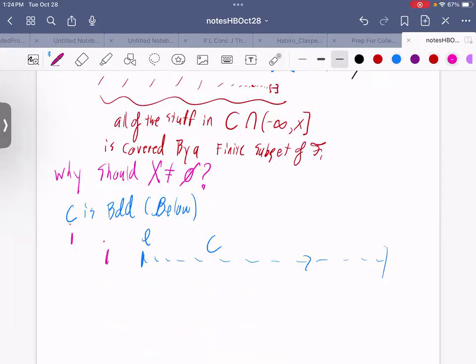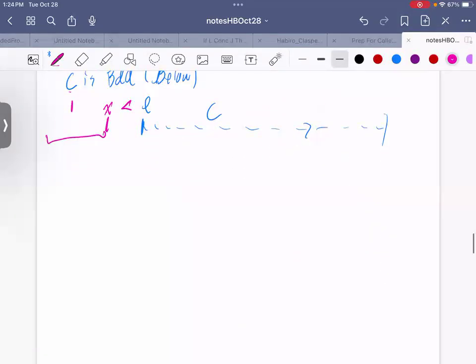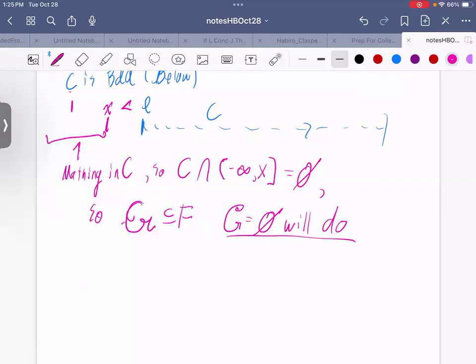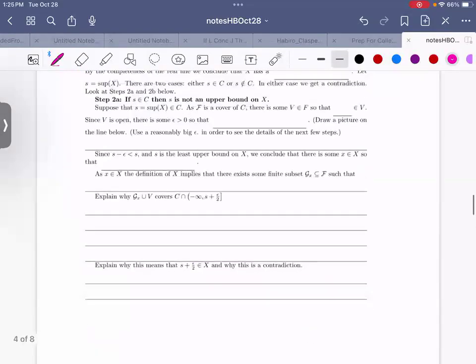Now if I take an x that's less than L, then there's nothing in C. Oh, and you don't need many things to cover the empty set. I need a finite subset of F that covers C. All right, that's very informal, but let's put those details together.